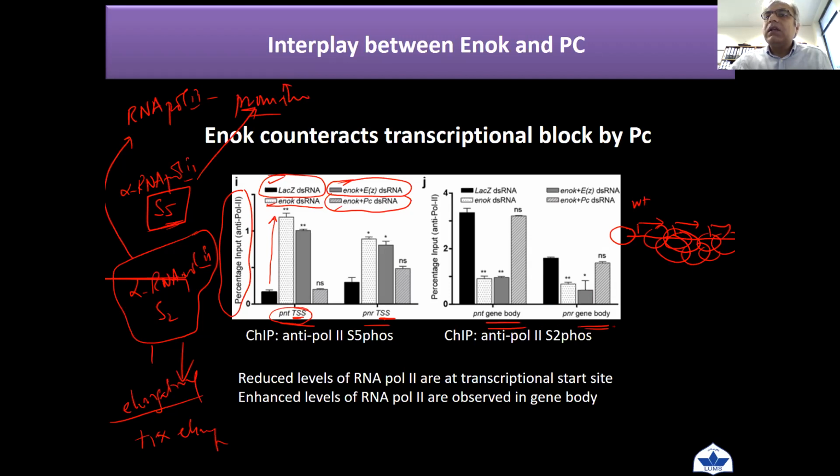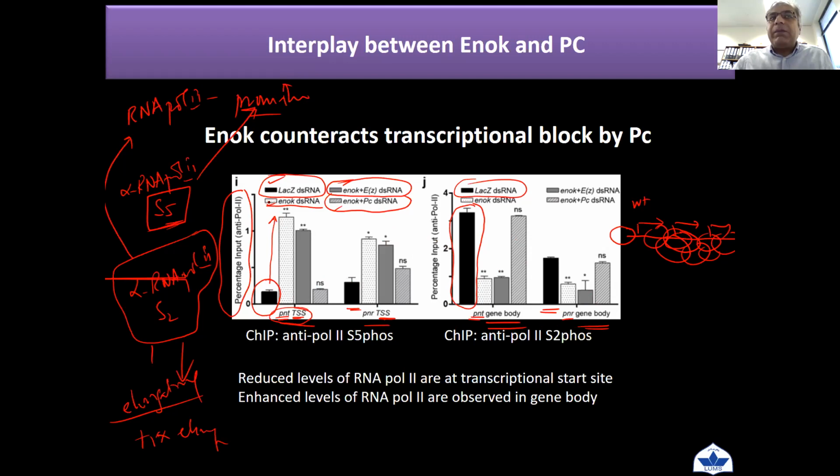And that is what you see. A lot of RNA pol 2 in non-specific control knockdown is in the gene body, not on the transcription start site of PNT. Just pay attention to PNT at the moment. The same is the case for PNR. On the gene body there is a lot, on the promoter region less.